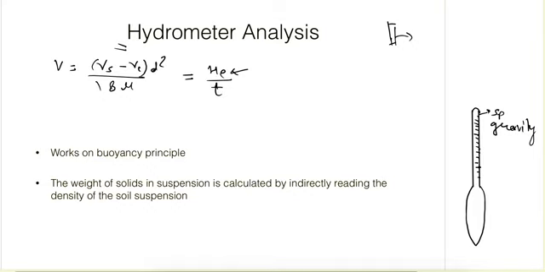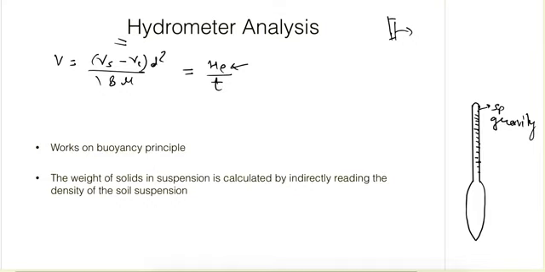We can calculate the specific gravity of the solids using the hydrometer, and from there we establish a relationship so that we can find out the concentration of solids at He and at time t.